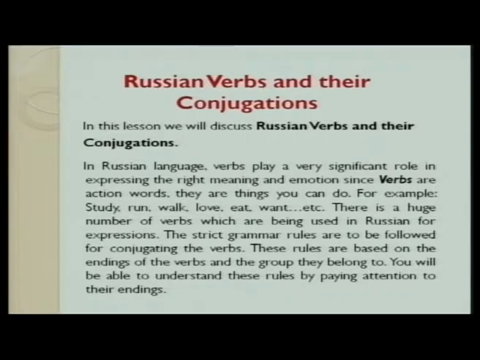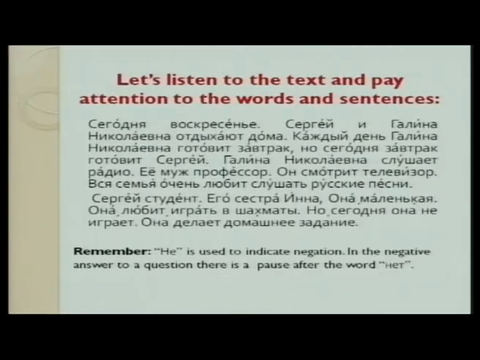These rules are based on the endings of the verbs and the groups they belong to. We will be able to understand them and conjugate them in the right manner if we pay attention to their endings. Before we start learning the exact rules and fundamentals of conjugation of verbs, let us start with the text. As we have been discussing in the earlier lessons, these texts are used to help you understand the Russian vocabulary and expressions.